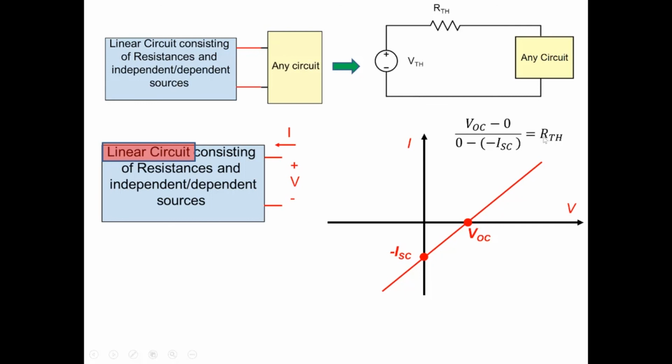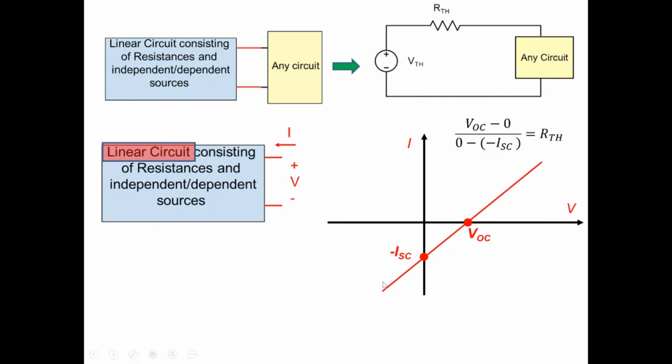We define this equal to some resistor, RTH. We have just chosen the symbol RTH; you can write anything here. But it's a resistance RTH. So the slope of this line is the inverse of the slope of the plotted line, because we've plotted I versus V. So the inverse slope is RTH here.